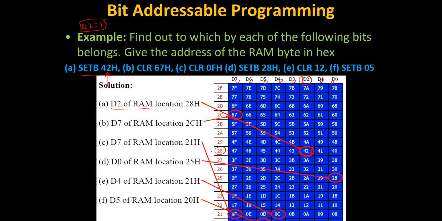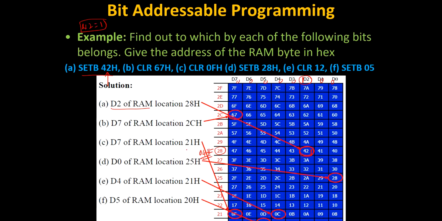Now address 28 holds the value 0000 0100, that is 04H. Likewise I can set or reset a bit.